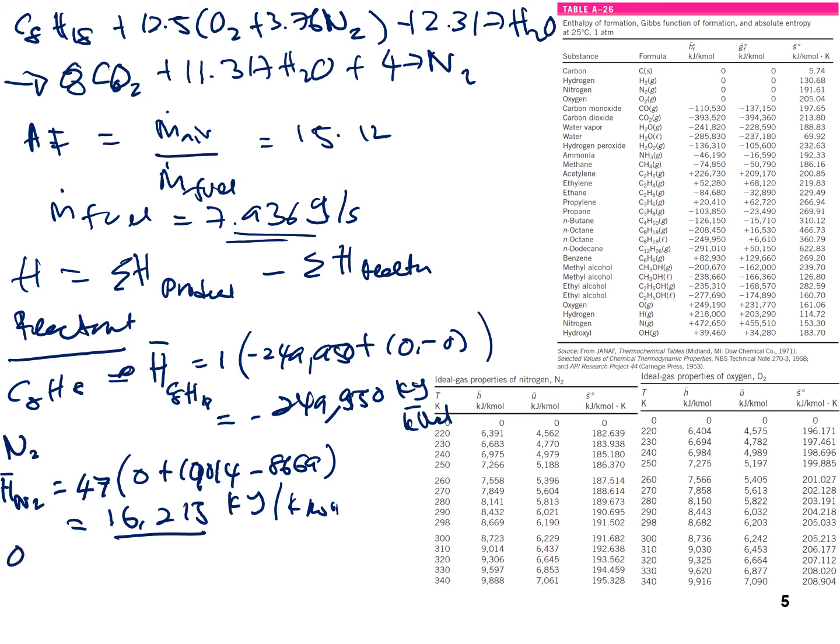And then oxygen, H O2, 12.5, enthalpy formation 0 plus oxygen 9030 minus 8682.